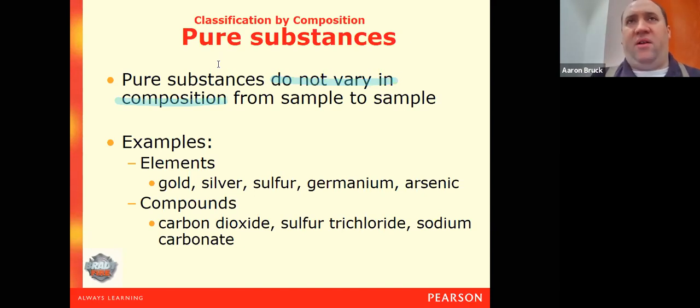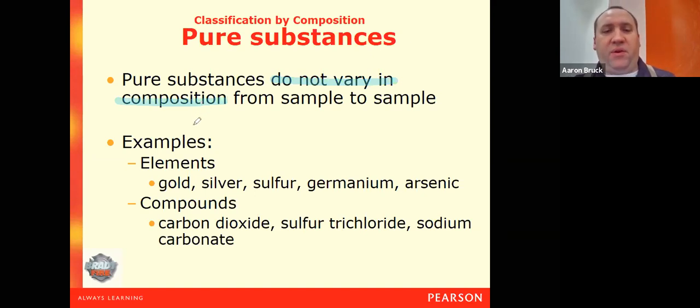Same thing with compounds. Carbon dioxide is going to have one carbon and two oxygens, regardless of where it is found. Water is always going to be H2O. If I change it to something else, it's not going to be H2O anymore. So this idea of purity comes from the lack of variability in the composition.